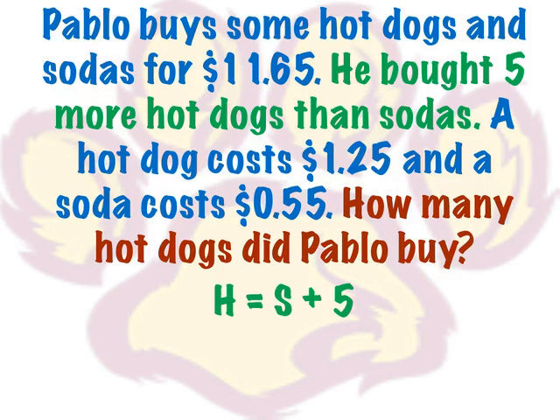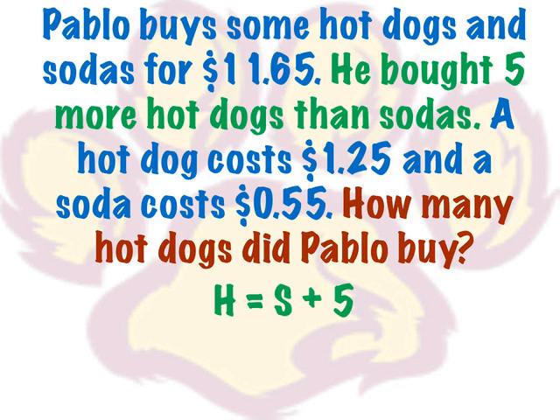Now we're going to look at those 2 sentences in blue. It says he buys some hot dogs and sodas for $11.65. And a hot dog costs $1.25 and a soda costs 55 cents. Like I said, you can't just add up the number of hot dogs and sodas he bought and get $11.65. That total has money. So we're going to need to take those money amounts from the third sentence and put them with the first sentence.